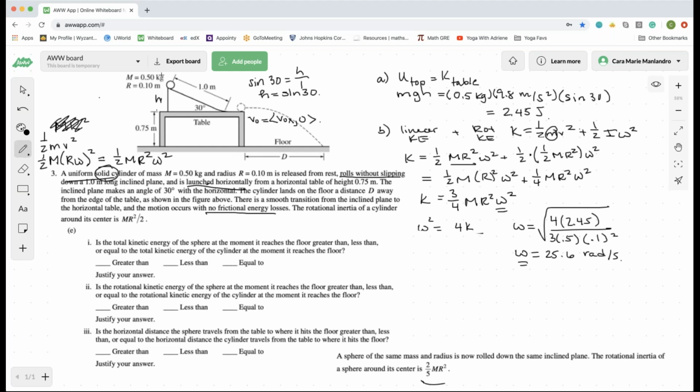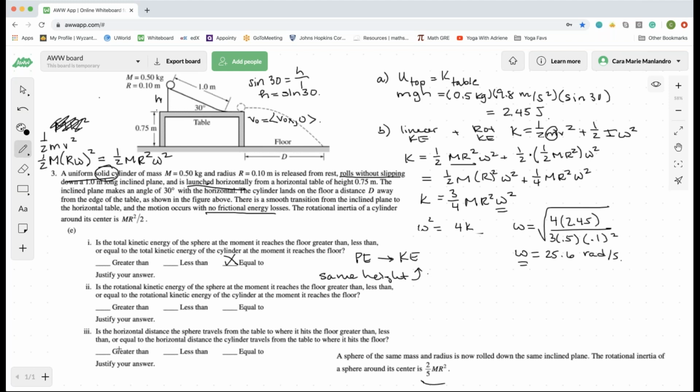If it starts at the same height, then at the end of the day, it's going to have the same kinetic energy, because all of your potential energy has to get converted to kinetic energy. Everybody okay with that? So that one's equal. Same height means same kinetic energy.